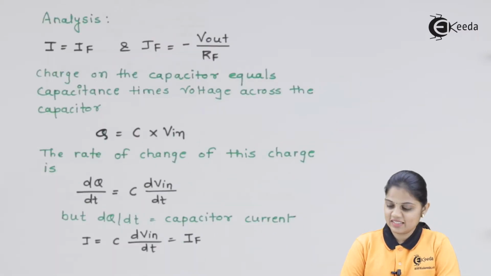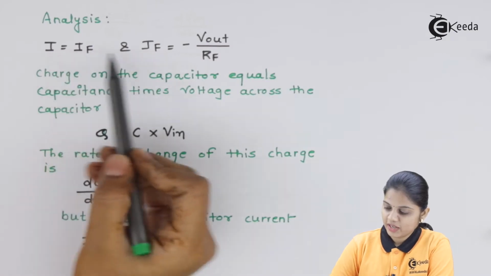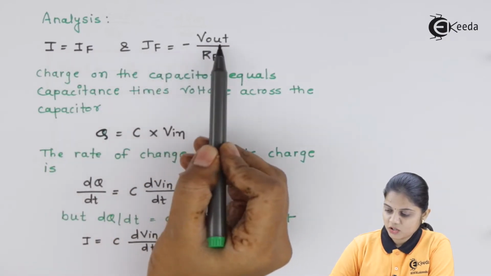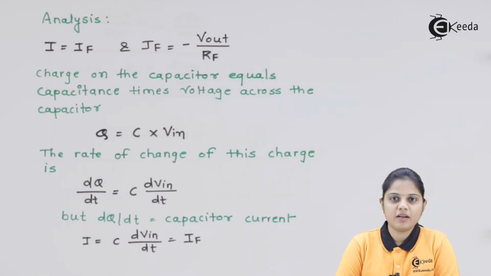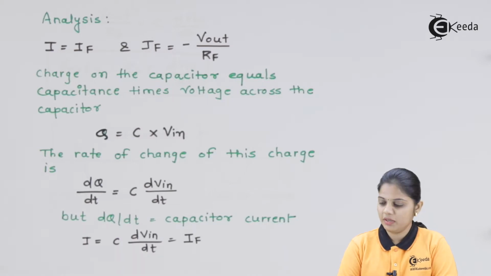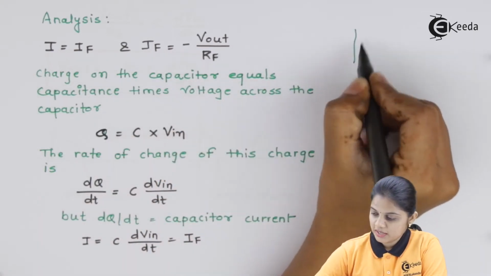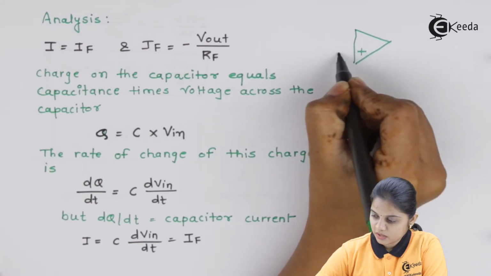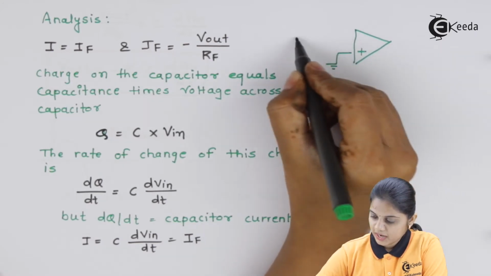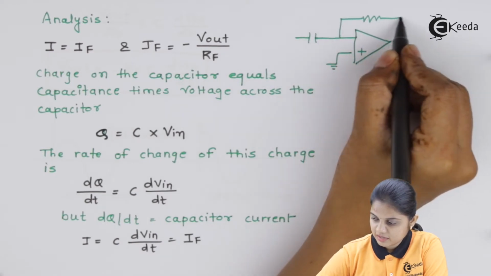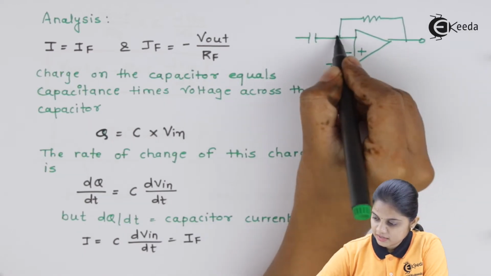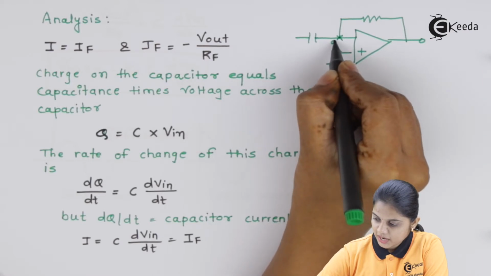Let's see the analysis. I is equal to IF, and IF is nothing but minus Vout divided by RF, because there is no current flow into the op-amp and the non-inverting terminal is grounded, so the inverting terminal should also be at ground. If I draw the diagram again, this plus terminal is grounded, and here we have connected the capacitor and the resistance. So this point will be at zero potential.